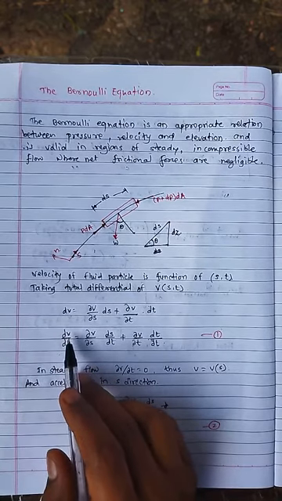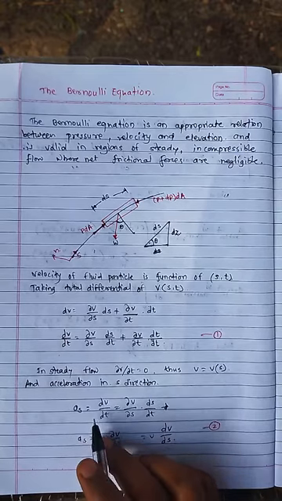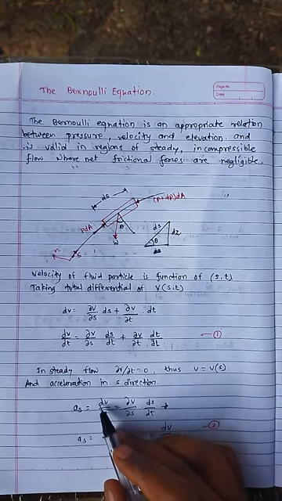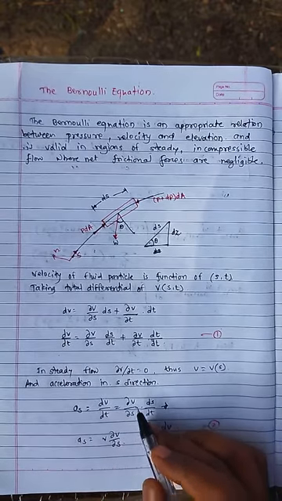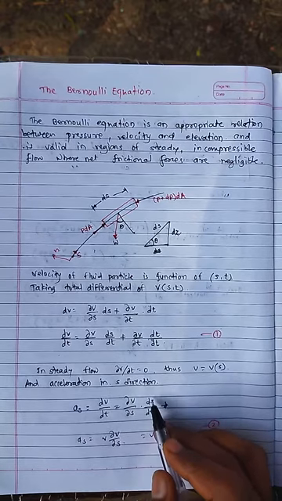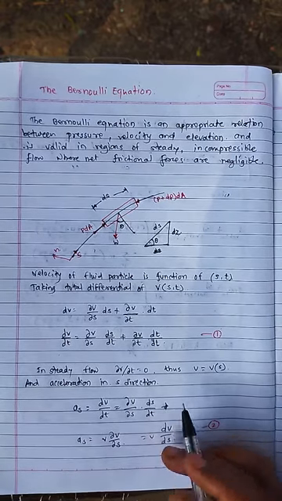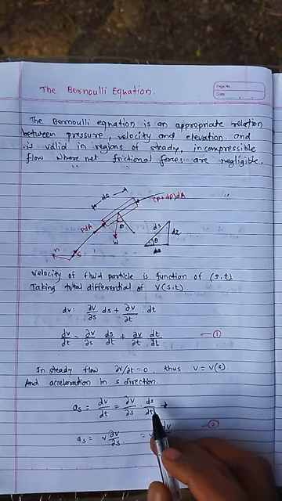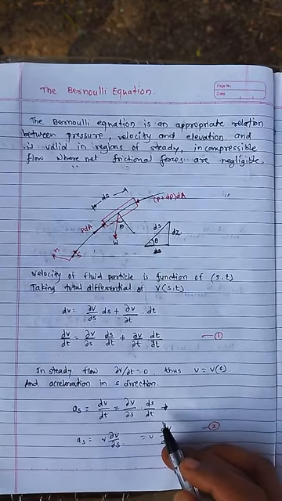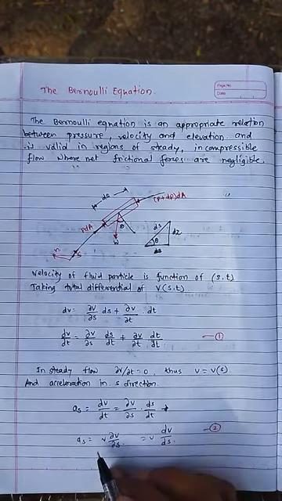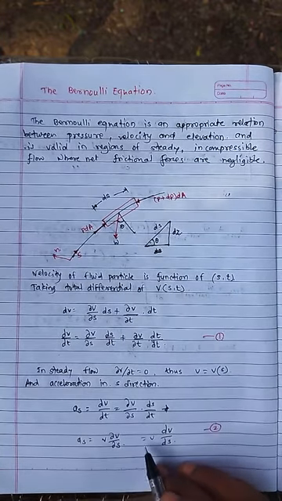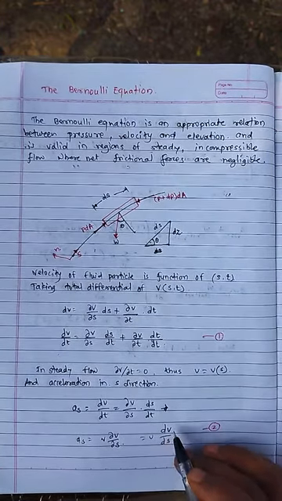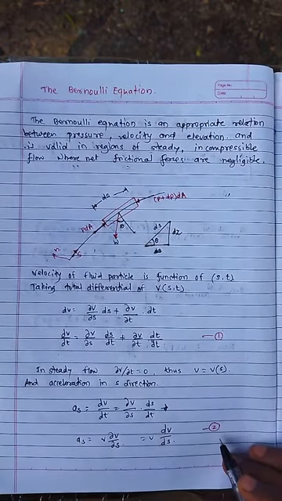So a_s is equal to dv by dt, equal to partial v by partial s multiplied with ds by dt. But we know that ds by dt, the change in distance over time, is velocity. So a_s is equal to v partial v by partial s, which is equal to v dv by ds. So this is our equation number 2.